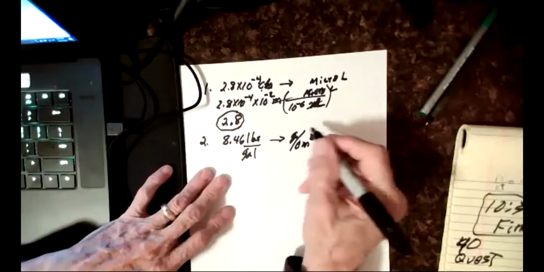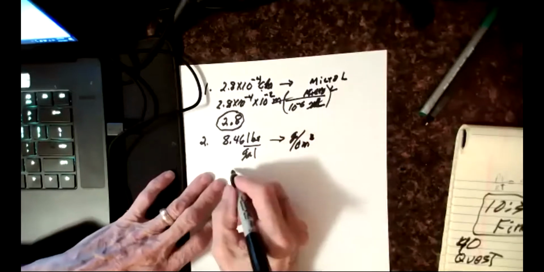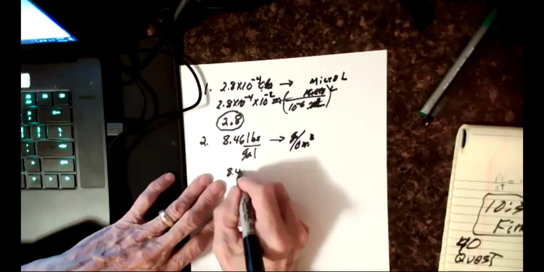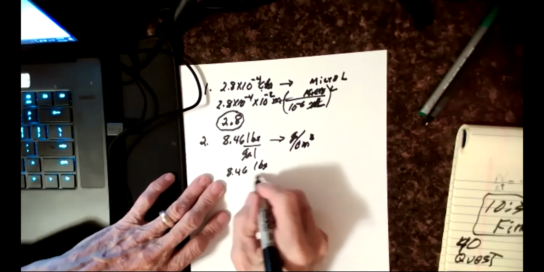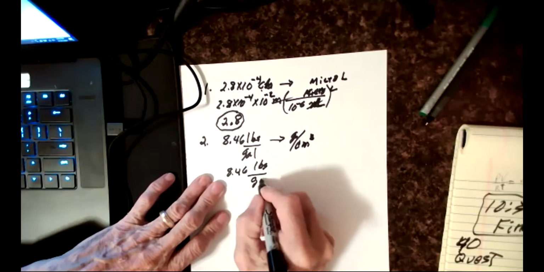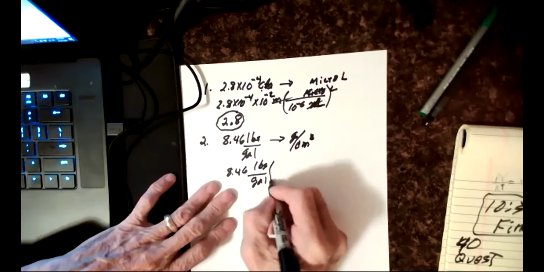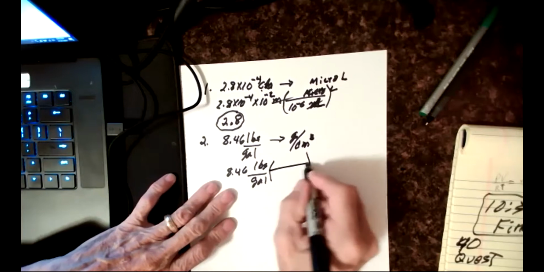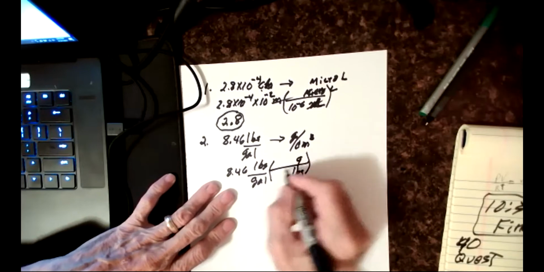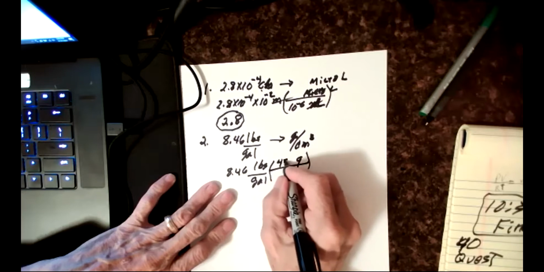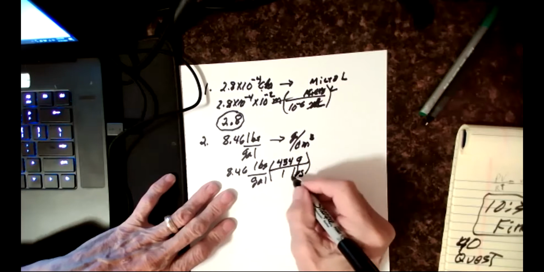Okay, so we've got our 8.46 pounds, and gallon is down here. Let's get rid of the pounds and go to grams. Well, there's 454 grams in 1 pound.